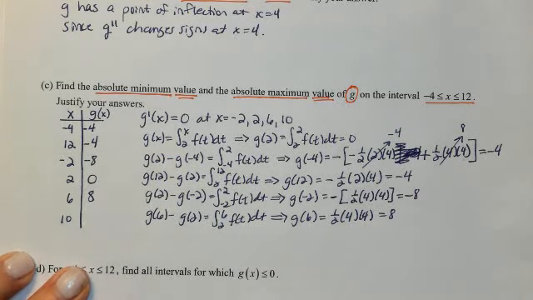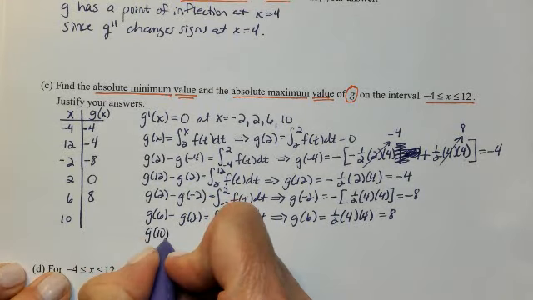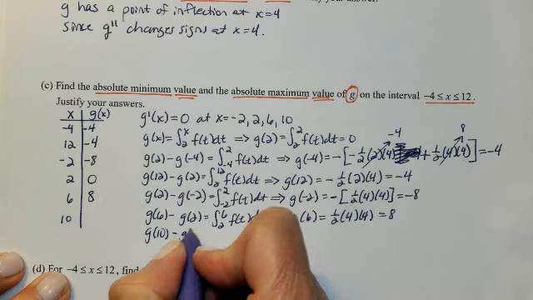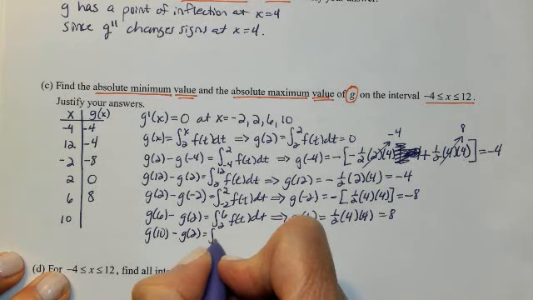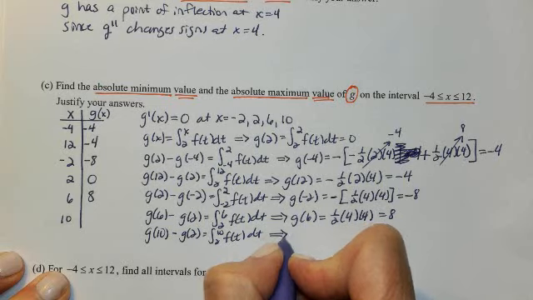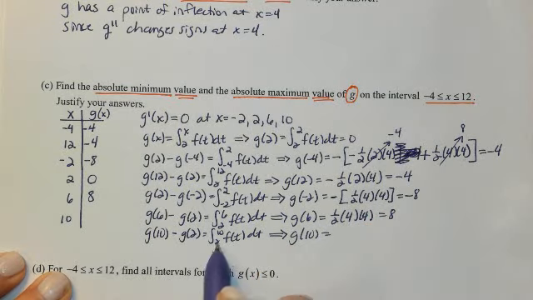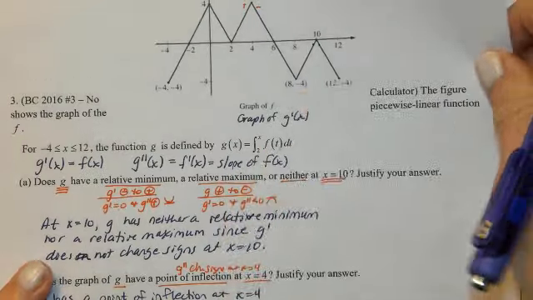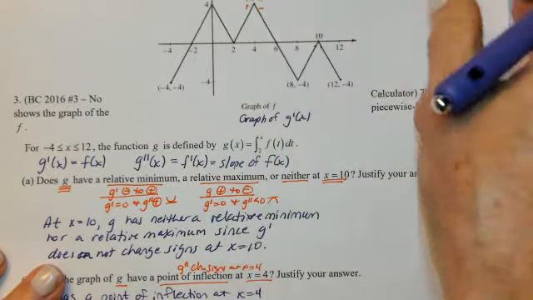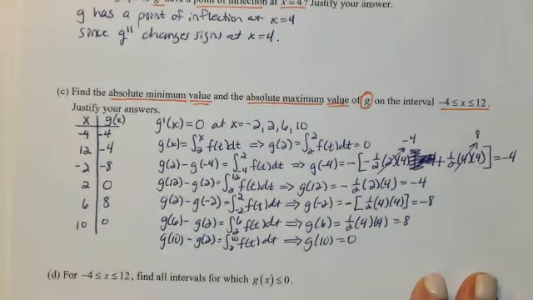So when x is 6, G is 8. And lastly, 10. G of 10 will equal the integral from 2 to 10. From 2 to 10, those two pieces canceled out, so that's just 0. So G of 10 is 0.